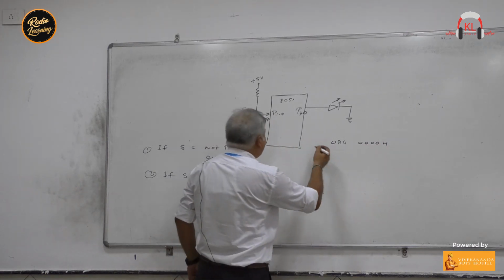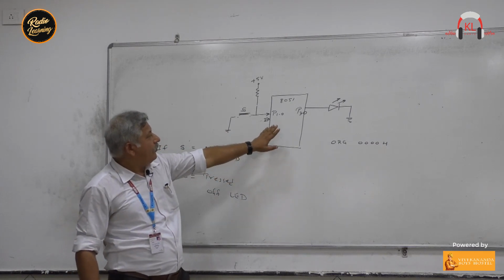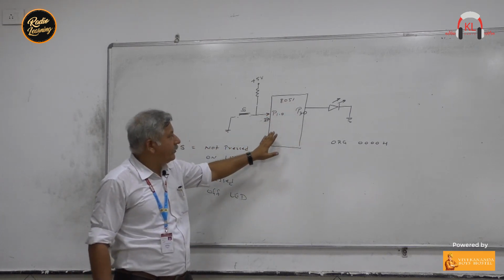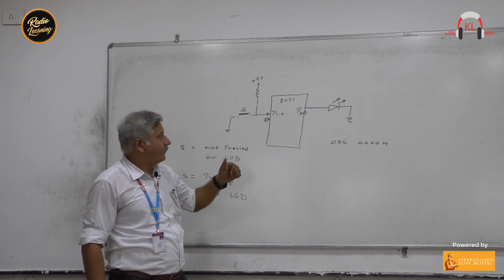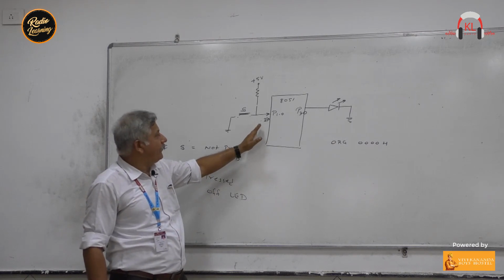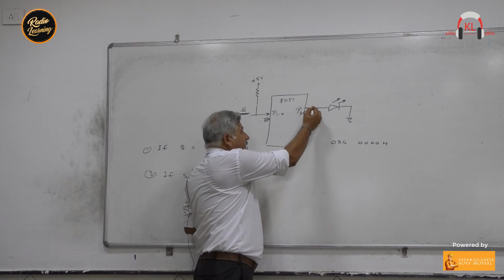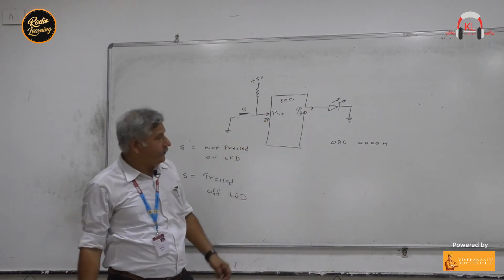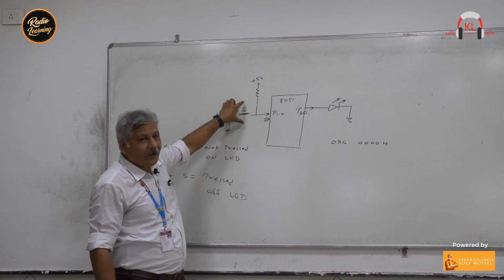After that, now I will write the program. First, by default, all the pins of the microcontroller are output pins, and you will get a high value here. If you want to make any pin an input, you have to send binary 1 to that pin. So in this case, pin number 3.0 is the output pin because we have connected an LED, whereas pin number 1.0 is an input pin because we have connected a switch.